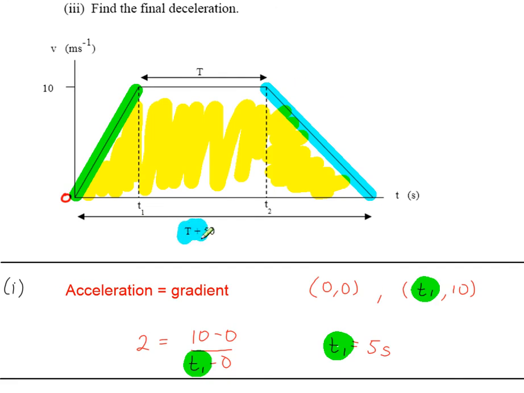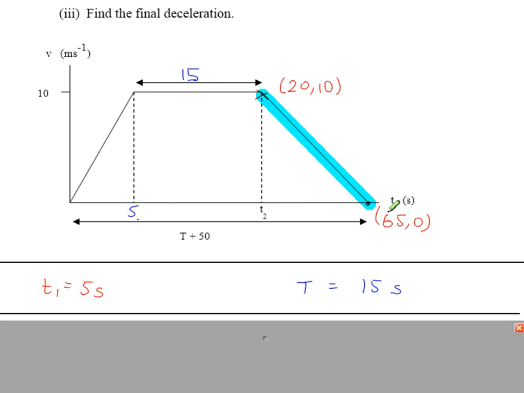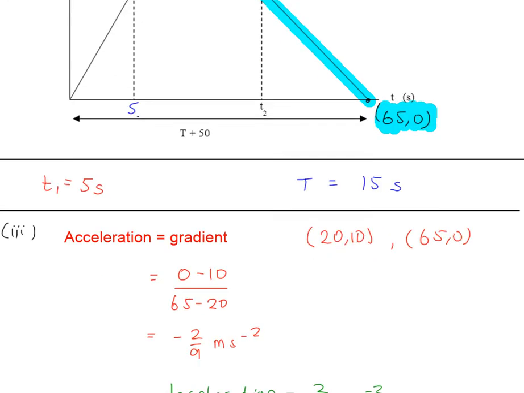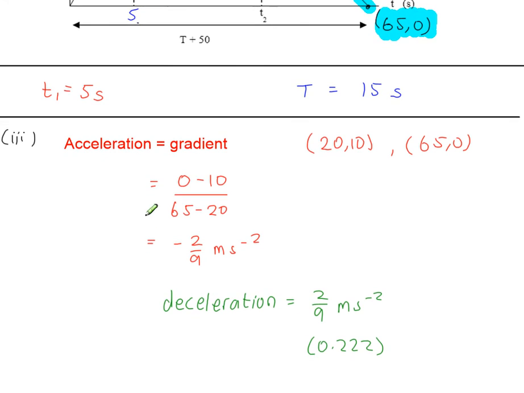Remember that t plus 50 is this region, and we've already calculated t. We add 50, and then we know what the coordinates for this point will be: 65, 0. And then from there we can work out the acceleration in its exact form, or a negative acceleration is the same as a positive deceleration.